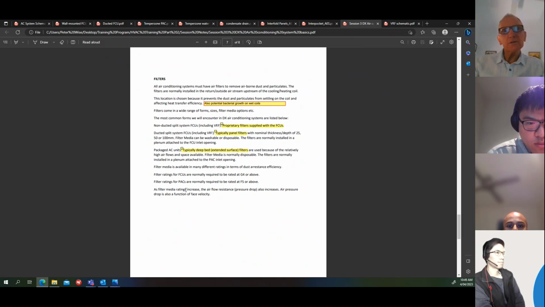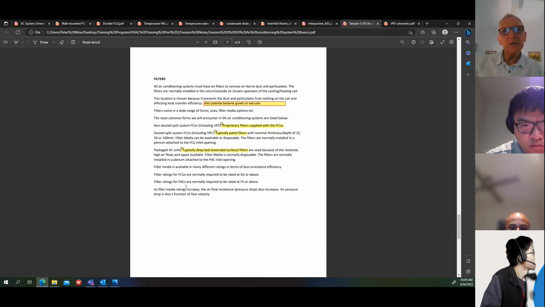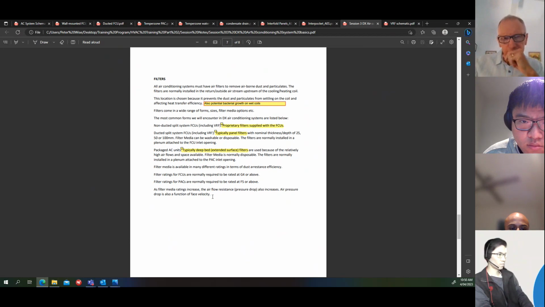As filter media ratings increase, the ratings relate to the dust arrestance efficiency. Okay, we'll have a look at a comparison chart in a second. As the ratings increase, the airflow resistance or pressure drop also increases, and air pressure drop is also a function of face velocity, which I mentioned before.